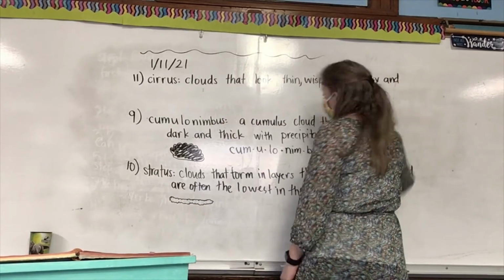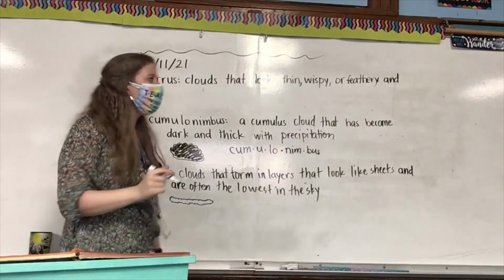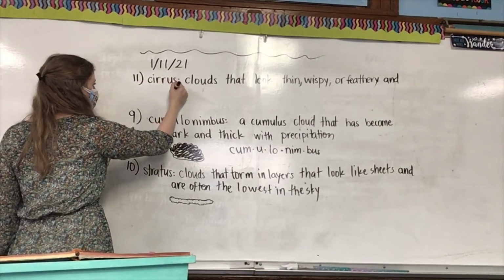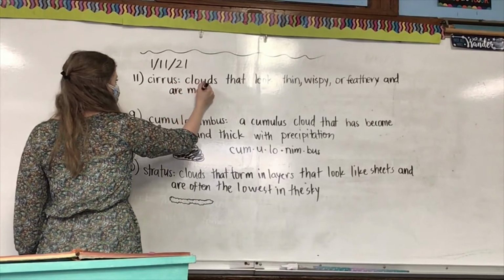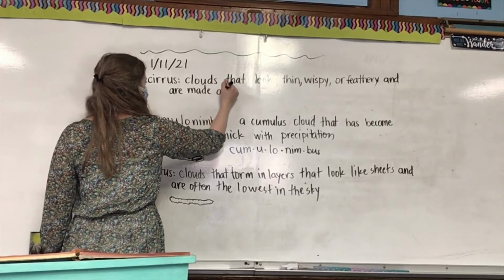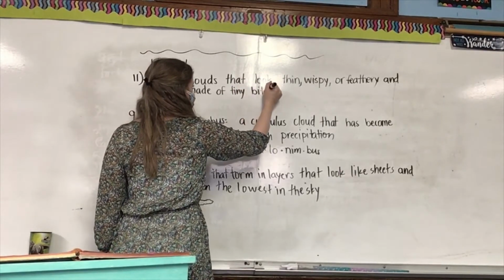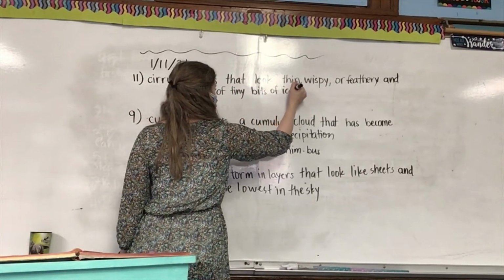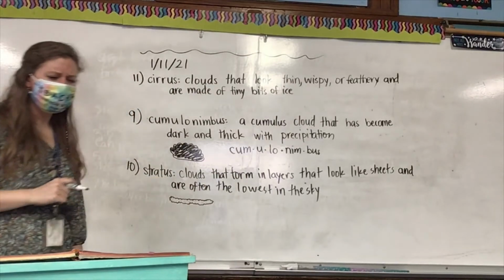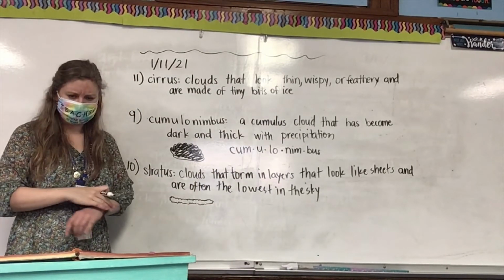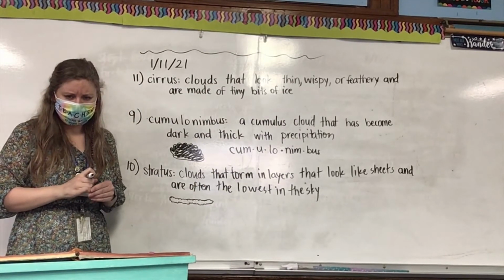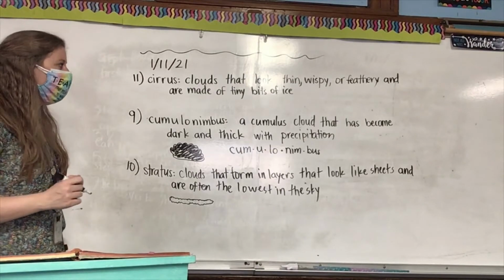All of these words, if you can't read them up here, they're all in your book. And are made of tiny bits of ice. What else is important to know about them? They are usually found very high in the sky.